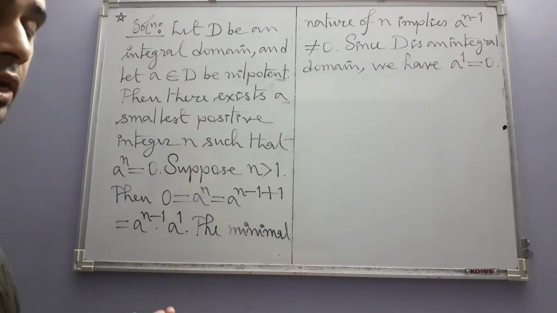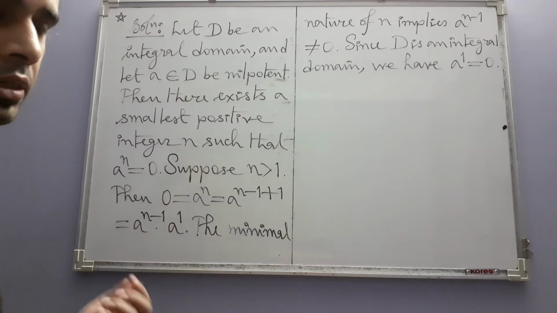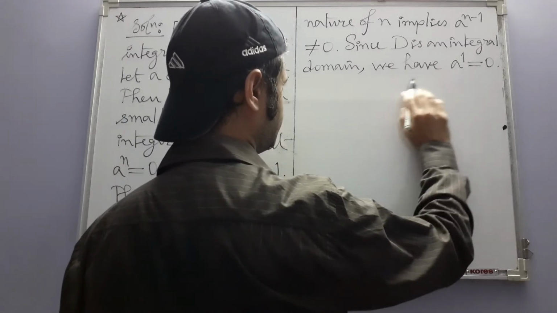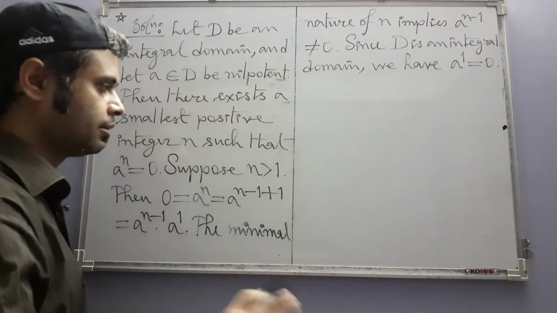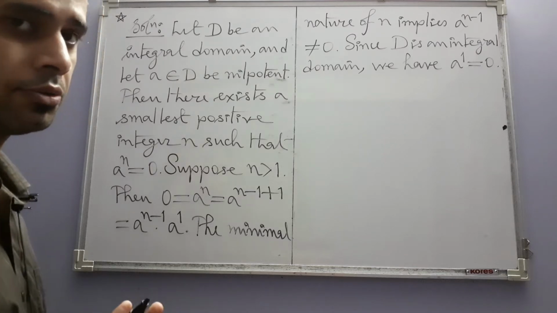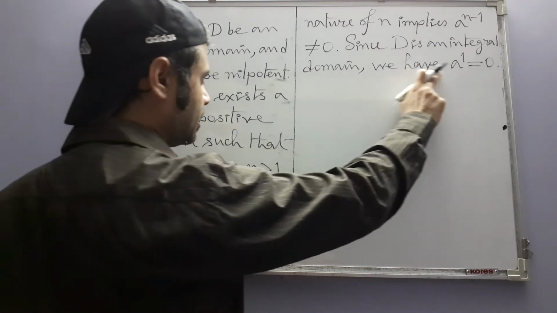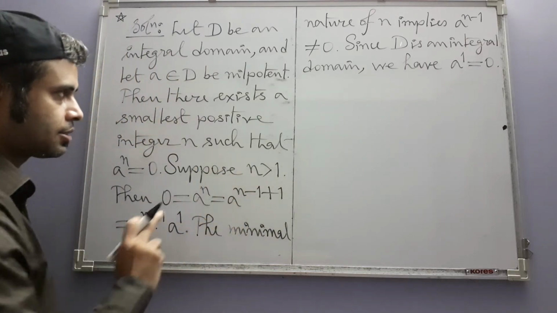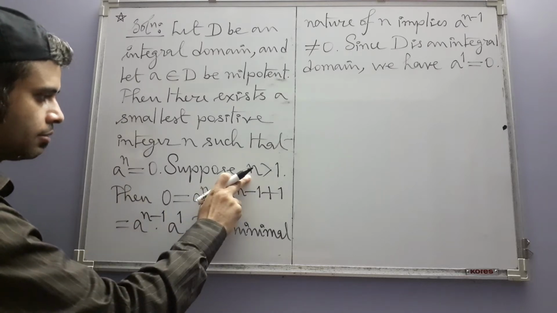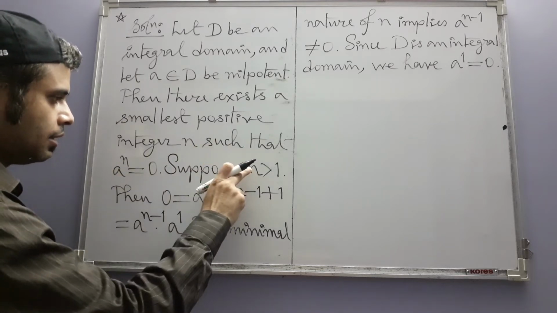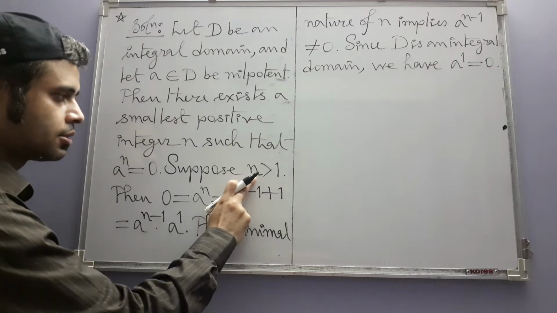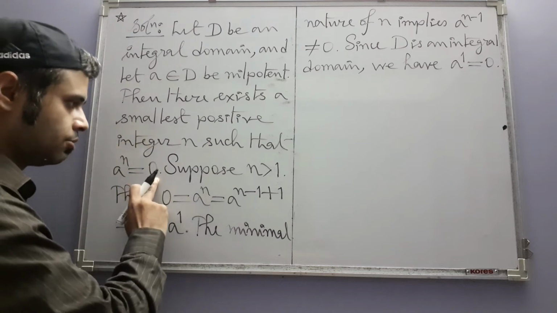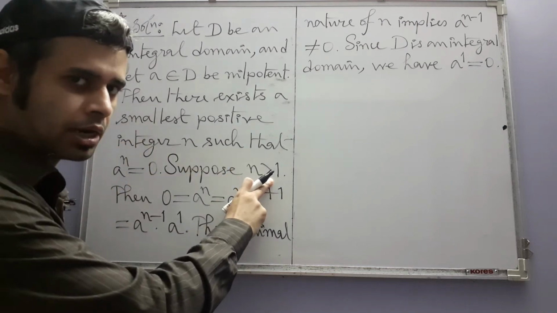Okay, so actually what have we got? We should interpret that properly. You may be tempted to write, okay, so a is equal to 0, and we have proved that a is 0, but no. Remember that whatever we have shown here comes from a supposition, and that supposition is that this n, which has been considered to be the smallest positive integer for which this equation is true, is greater than 1.